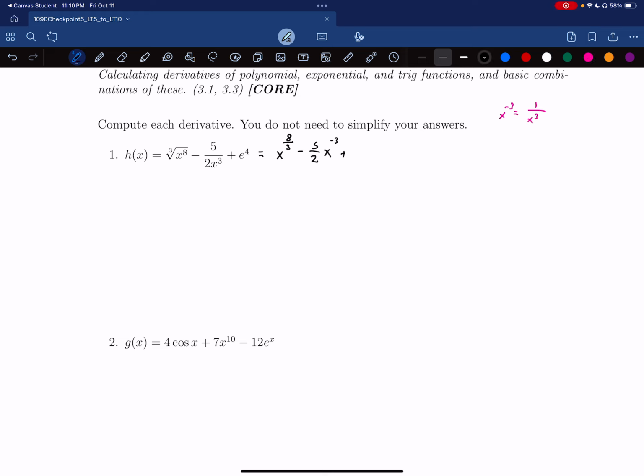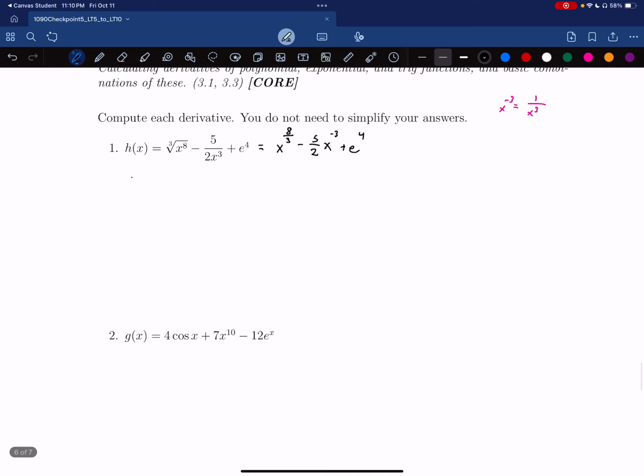And then e to the 4 will just be e to the 4 in terms of writing the function. But now I need to take a derivative. So notation-wise, I will have h prime of x.